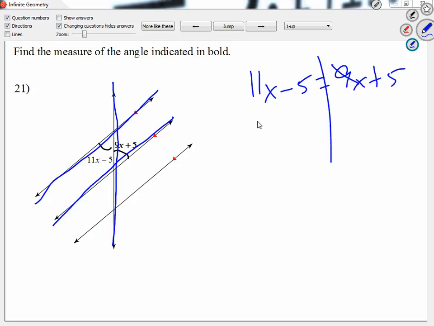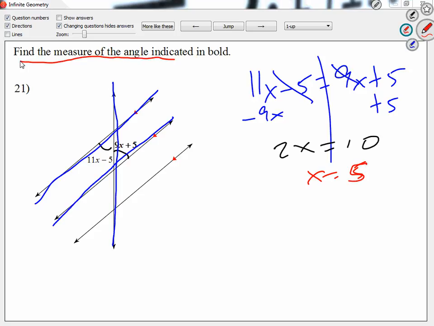My 9x, let me bring it over as a negative 9x. My negative 5, let me bring over as a plus 5. So I have that 2x equals 10. X must be 5. But remember, we're not asked for x. It says find the measure of the angle indicated in bold. The one that is dark this time is 9x plus 5. So if x equals 5, how much is 9x plus 5? 50. Thank you.